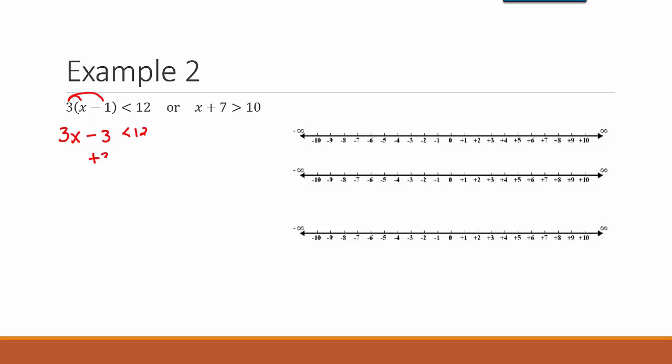Then we would want to add 3 to each side. Gives us 3x is less than or equal to 15. And last, we would divide each side by 3 to find out x is less than or equal to 5.